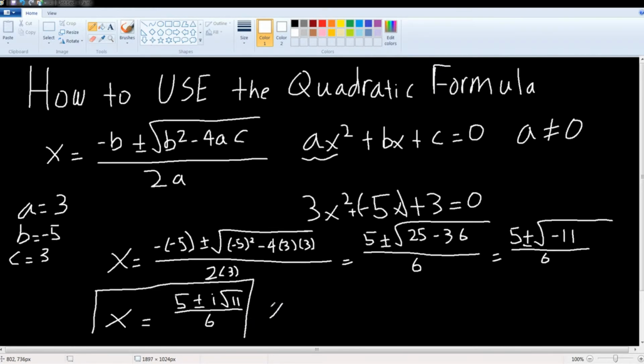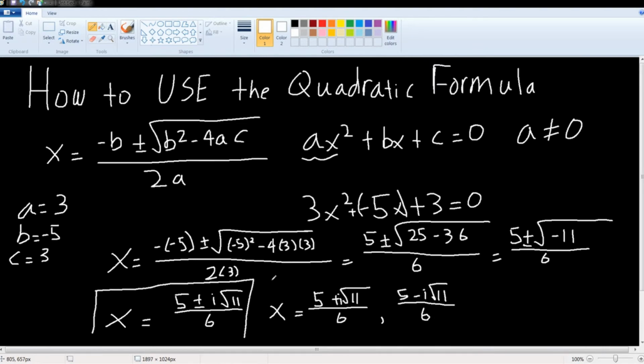So you can write down x equals 5 plus i square root of 11 over 6. That's your first answer. That's the plus part. Now let's do the minus part. We'll have 5 minus i square root of 11 all over 6.